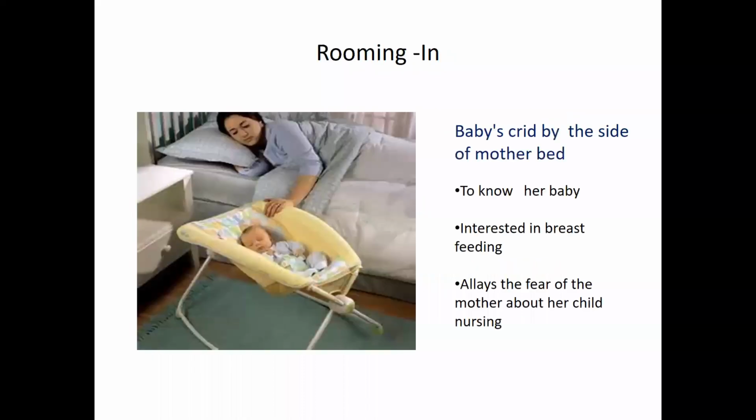Diet may be neglected. Now, rooming-in, what is it? The baby is kept in a crib by the side of the mother's bed, so that the mother can get to know her baby and breastfeed the child, and it allays the mother's fear about child nursing.